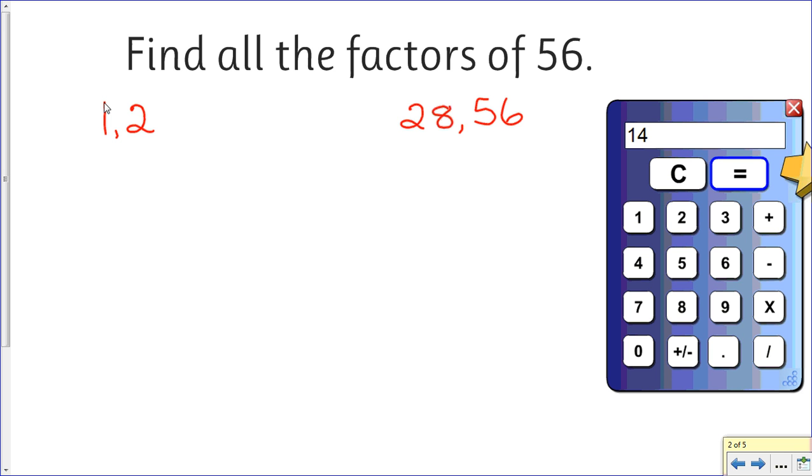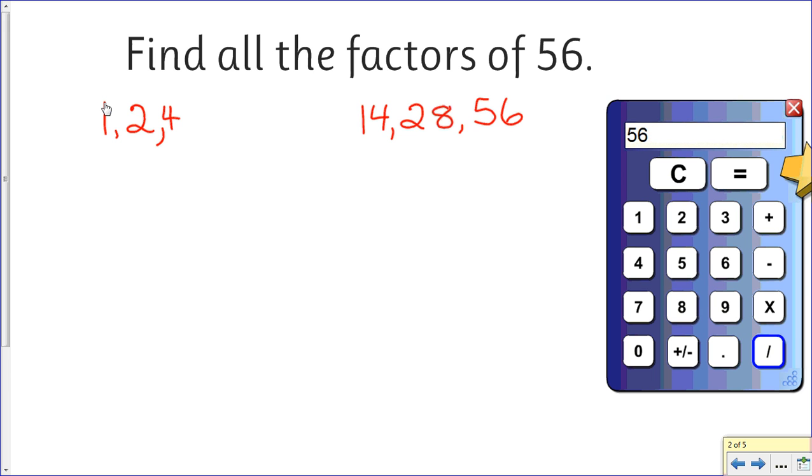So we can say that 4 multiplied by 14 is 56. And then check the next number, 56 divided by 5 equals a decimal number again. And then we can go 56 divided by 6, decimal number again, so it doesn't work.